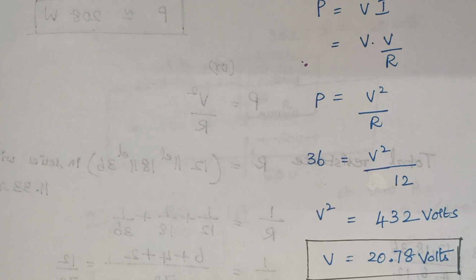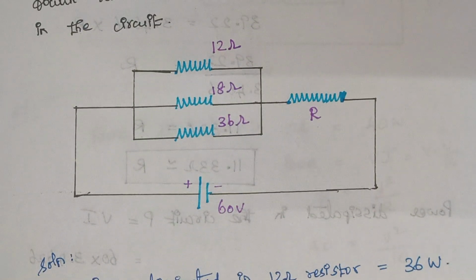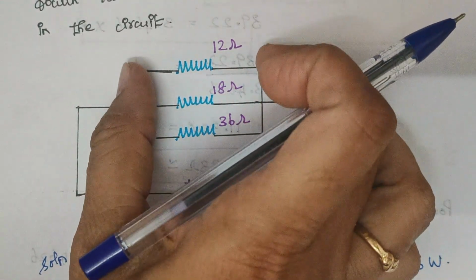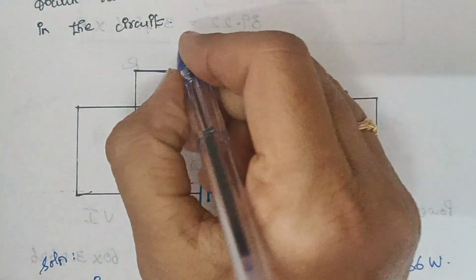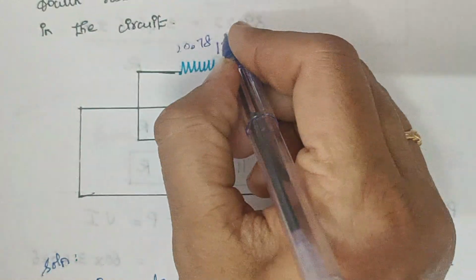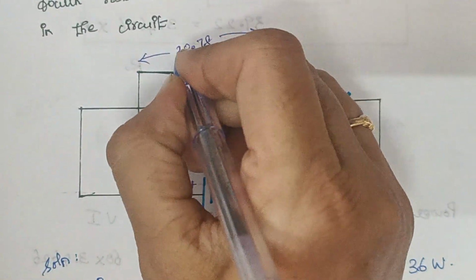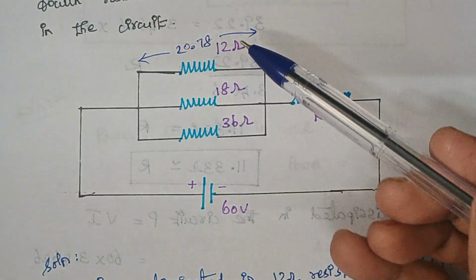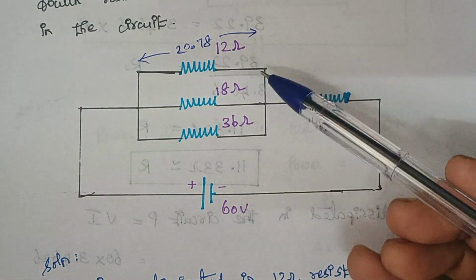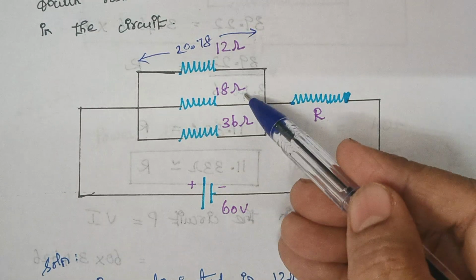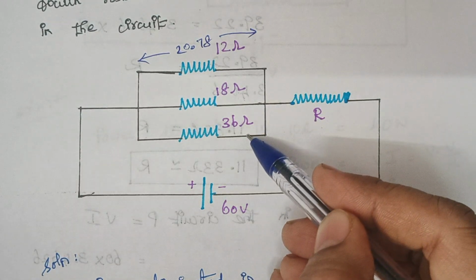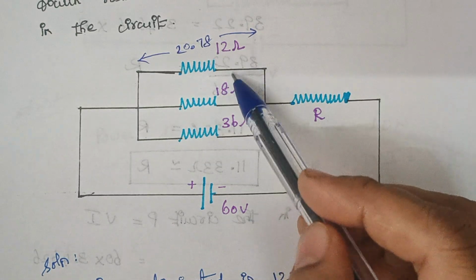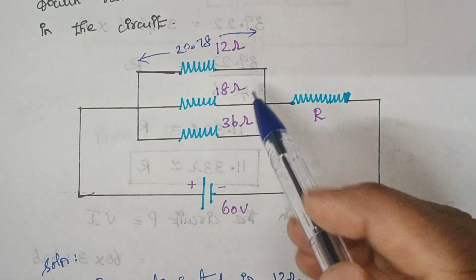So here you see, the voltage across the 12 ohm resistor is 20.78 volt. Right, so this same voltage will be impressed across your 18 ohm resistor as well as the 36 ohm resistor, because all these three resistors are connected in parallel.